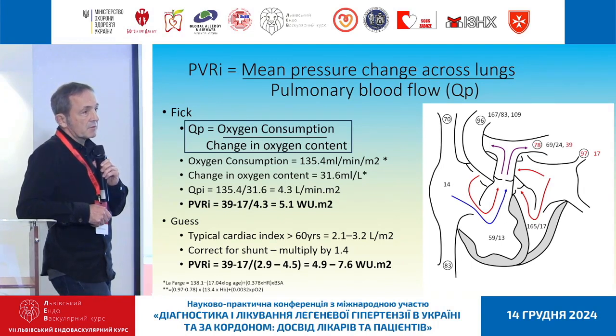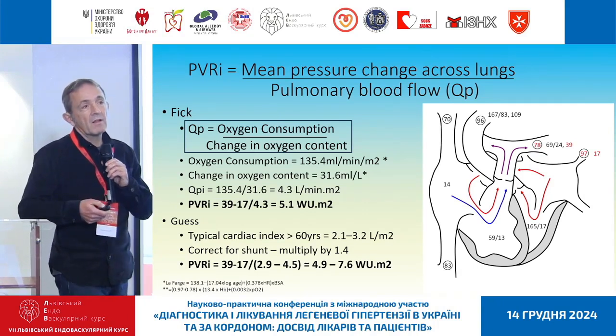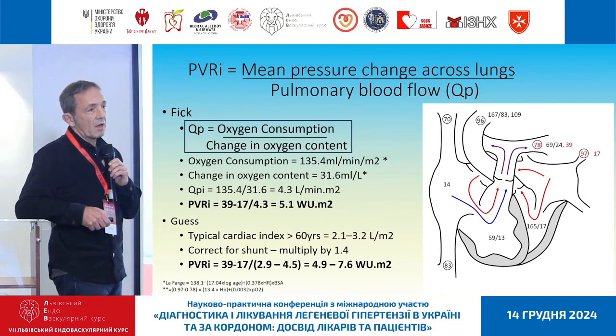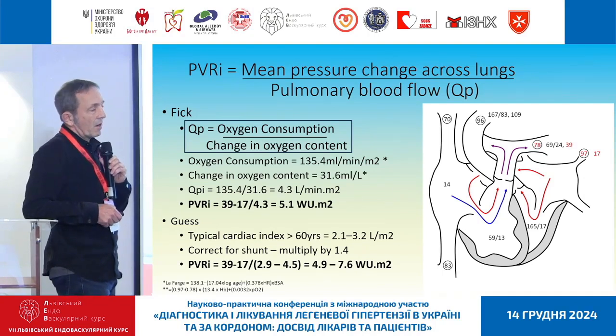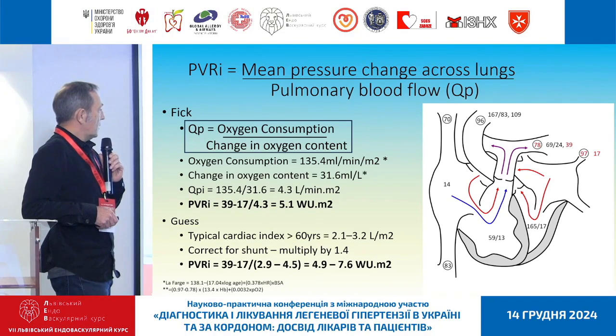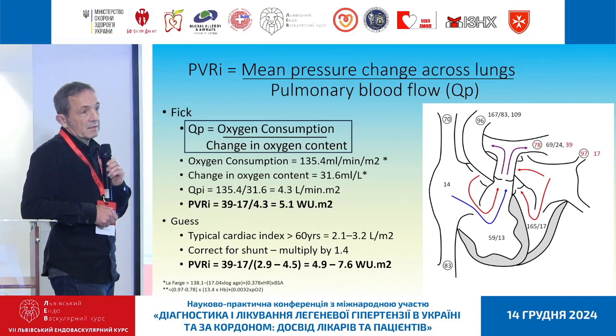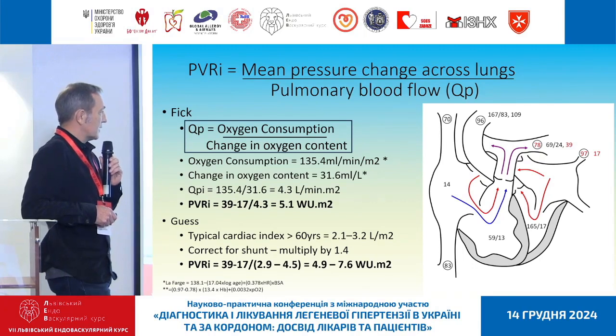There are tables that predict it called the Lafarge tables, which I've referenced here, which use an equation. That measurement is extremely unreliable in children and not that reliable in adults. The alternative is that you can guess what the cardiac output is and correct it.